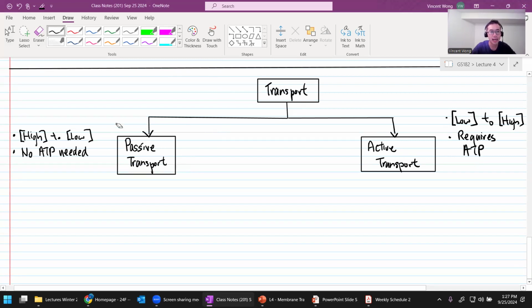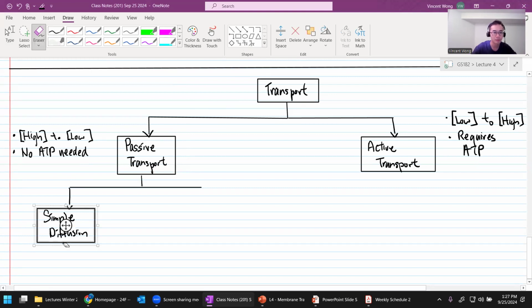So let's take a look at different examples of passive and active transport, starting with passive transport here. Okay, so we already know that an example of passive transport is diffusion, or sometimes we call it simple diffusion. Okay, because there is another kind of diffusion that I will tell you shortly. This is simple diffusion.